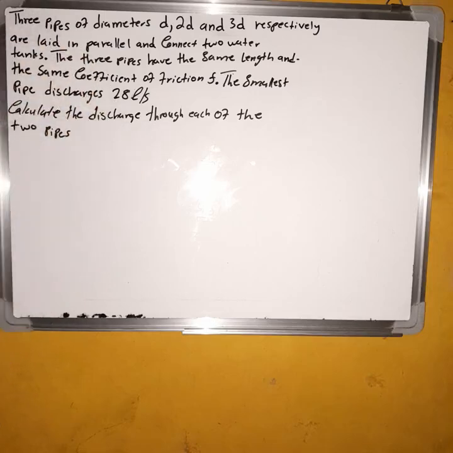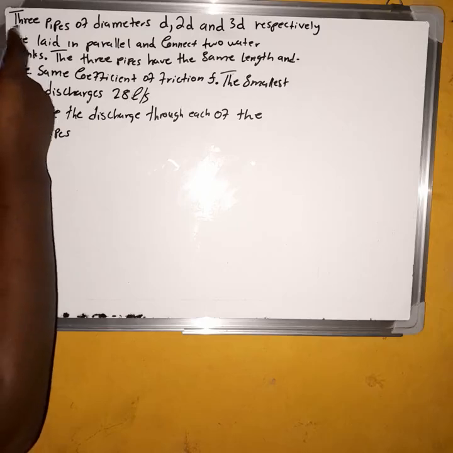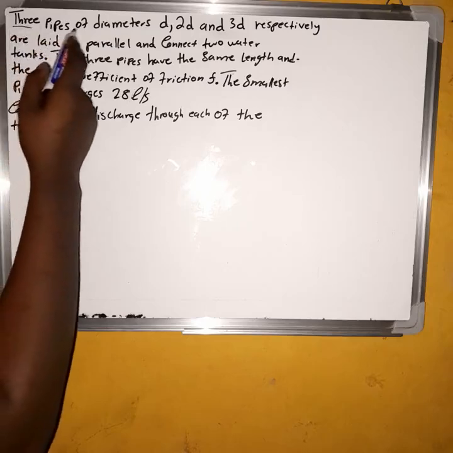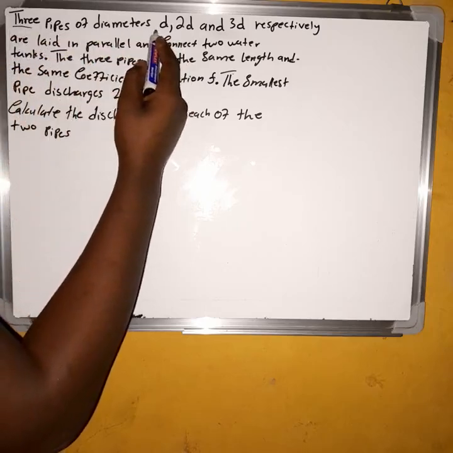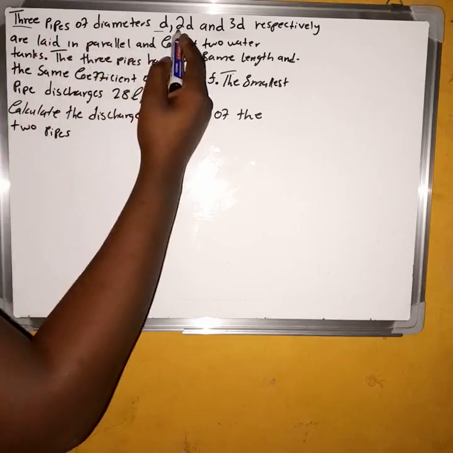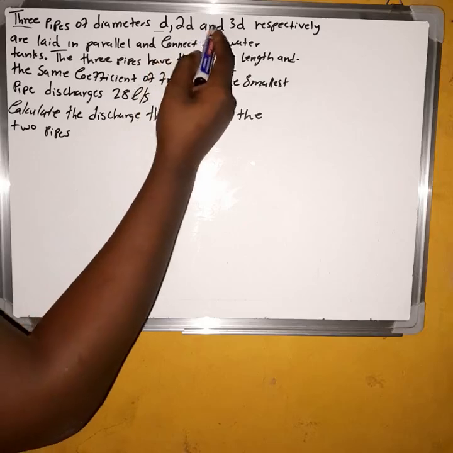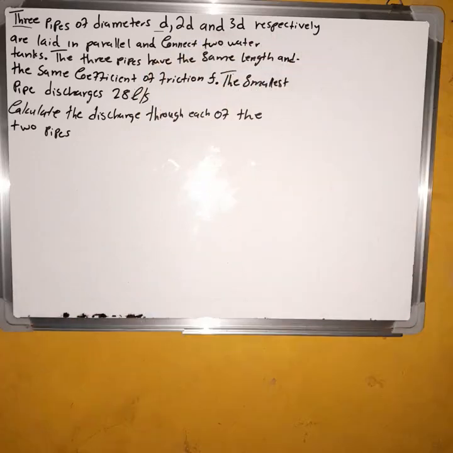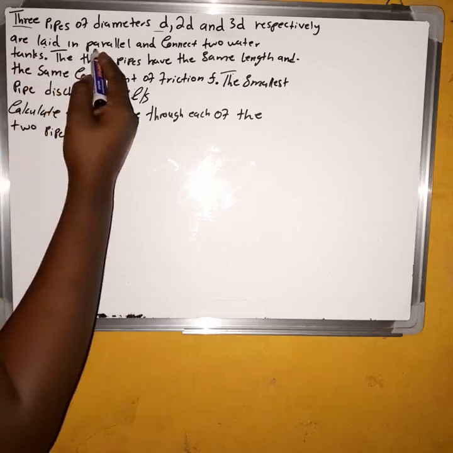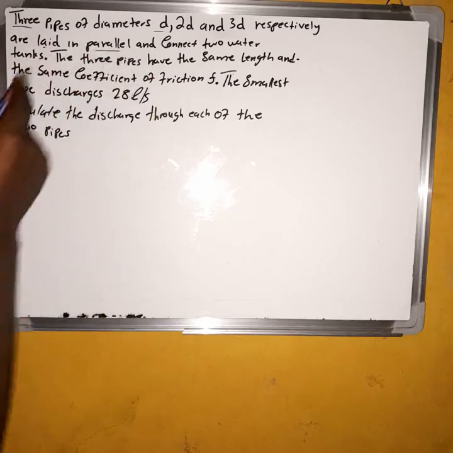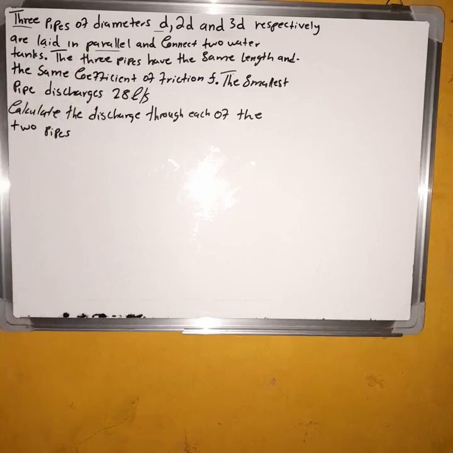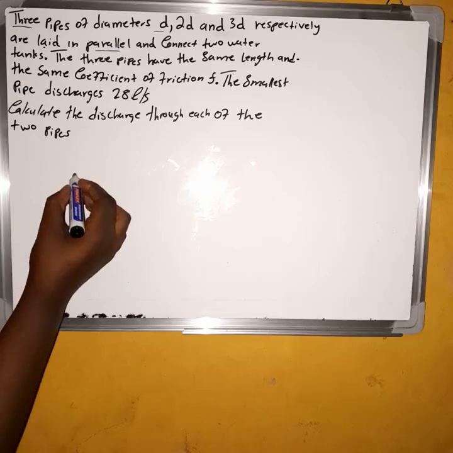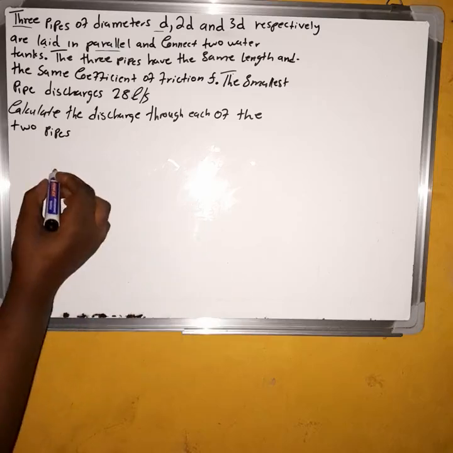We have 3 this time: 3 pipes of diameter D, 2D and 3D respectively. They tell us the diameter, respectively, and the pipes are laid in parallel. So take note of this. They are laid in parallel. It's 3 pipes.